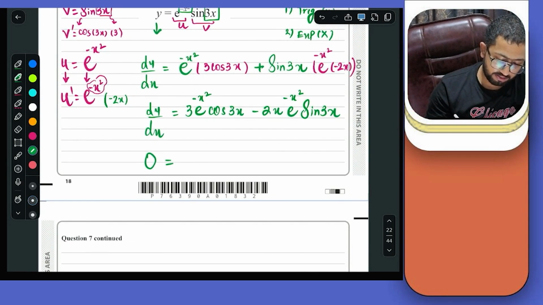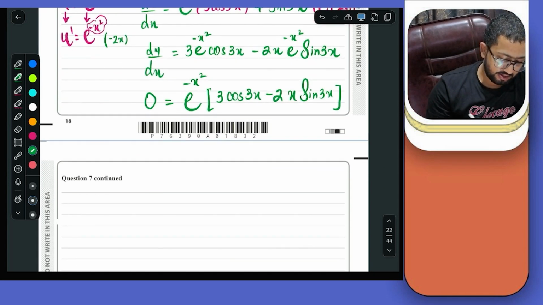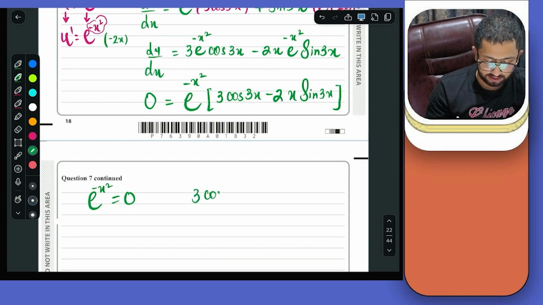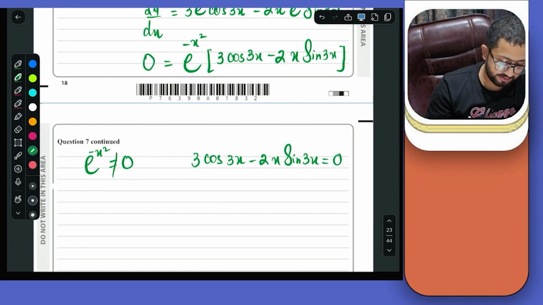So let's take common anything if it is possible from the right side. Yes, I can take common e raised to the power minus x squared. Then the remaining term will be 3 cos 3x minus 2x sine 3x, and this one equals 0. Obviously the exponential function cannot be equal to 0, remember.